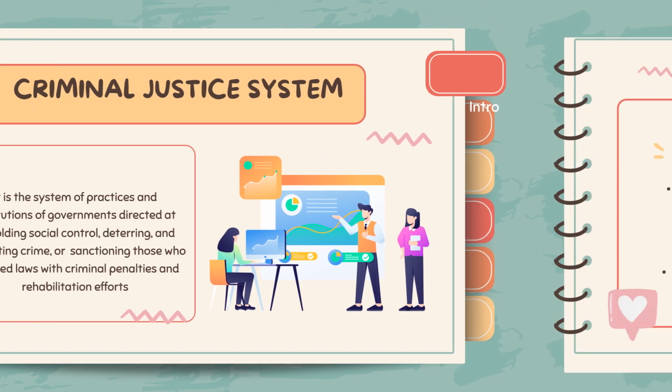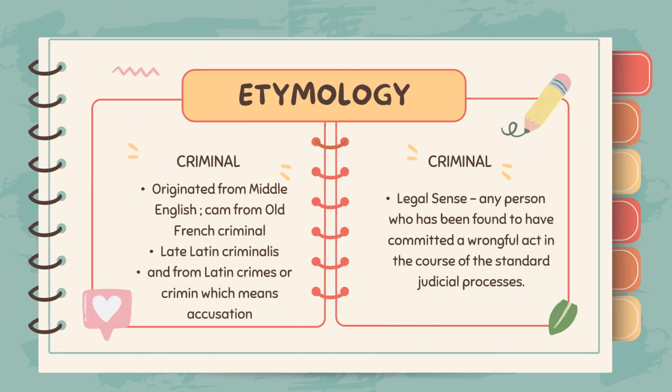Then we have the etymology of criminal. The word criminal originated from Middle English, which came from Old French criminal, from late Latin criminalis, and from Latin crimen. As you can see, there is a typo, so that should be crimen, which means accusation. Criminal refers to a person who committed or has been legally convicted of a crime.